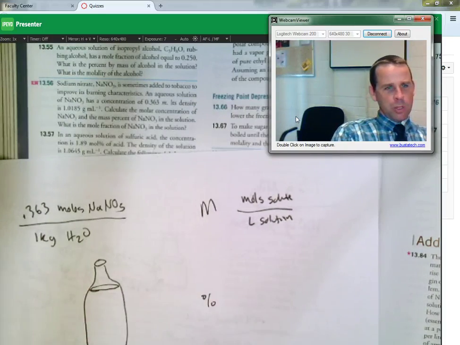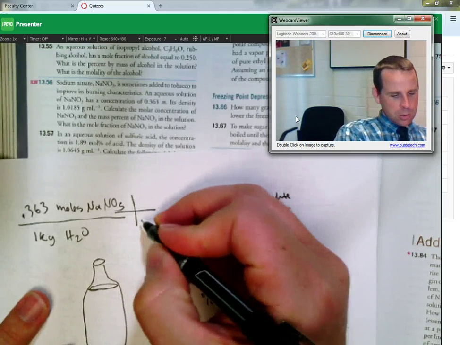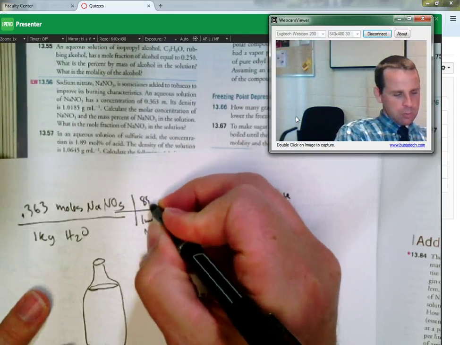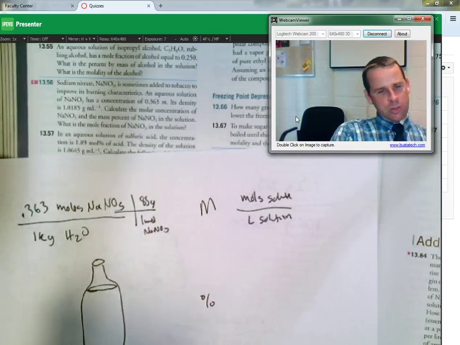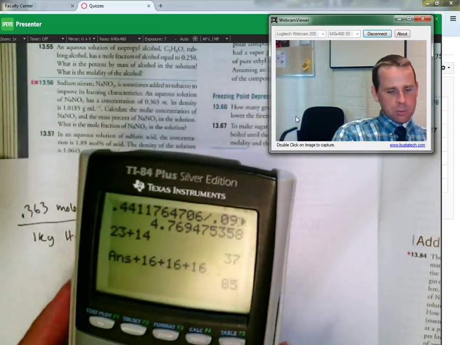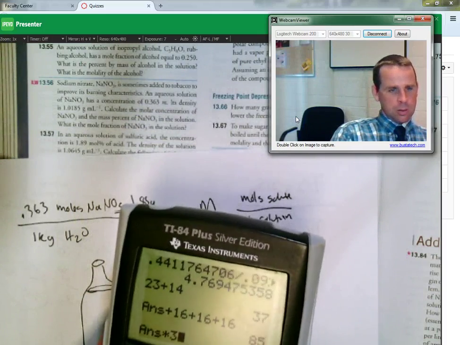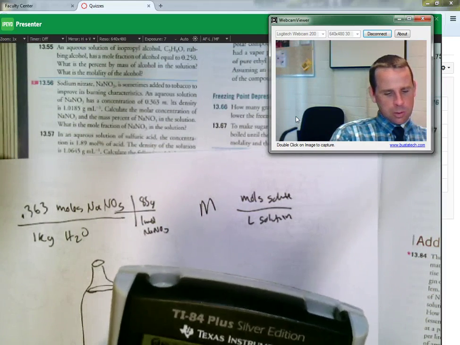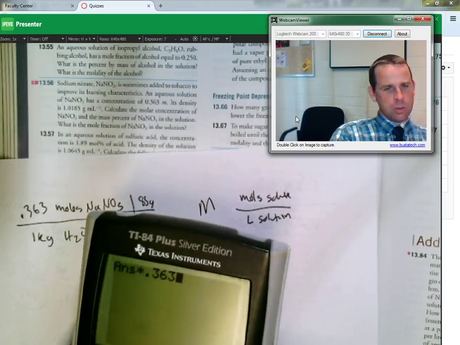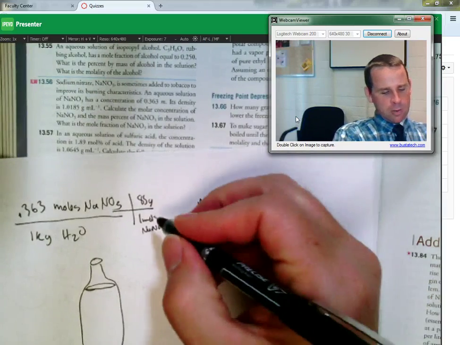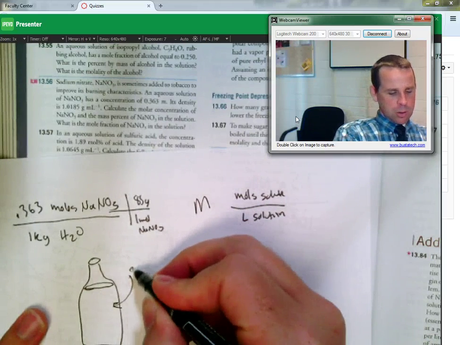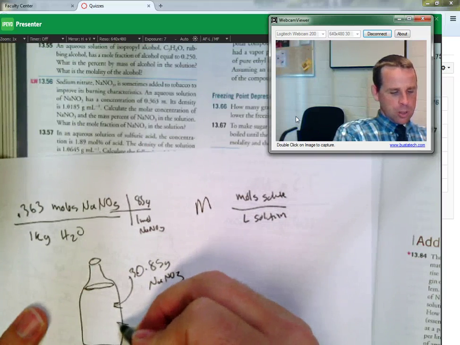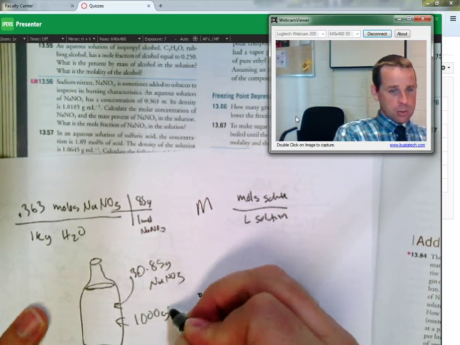So if I started off with 0.363 moles, and for every 1 mole of this NaNO3 there's 85 grams, then I take the 85 grams and multiply it by 0.363. Then we got 30.85, and that's how many grams. 30.85 grams of sodium nitrate with the 1,000 grams of water.